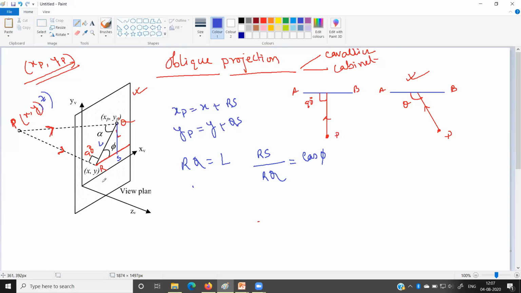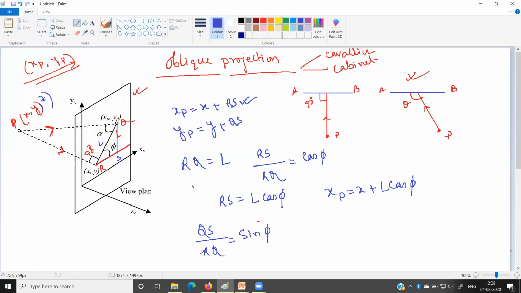We know that RQ is L, so RS equals L cos phi. We can substitute this in this equation and write XP equals X plus L cos phi. Similarly, we can also compute QS. QS divided by RQ equals sin phi.